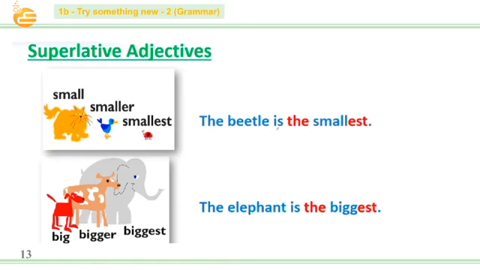The beetle is the smallest. Of course, the dog is smaller than the cat, but the beetle is the smallest of the dog and the cat. Okay? The smallest. What about big? The elephant is the biggest.